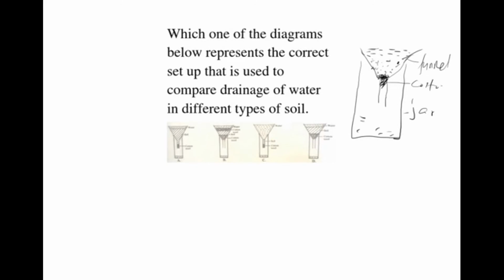So that is the correct arrangement of the materials when carrying out drainage. Therefore, the correct arrangement there is D, whereby we have the cotton wool, we have soil, and then water at the top there.